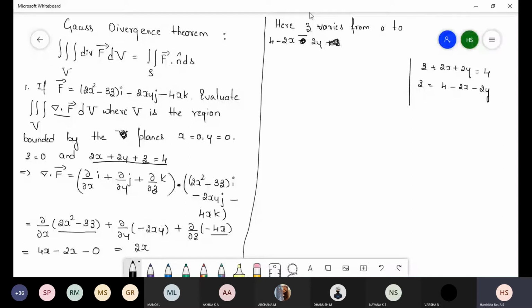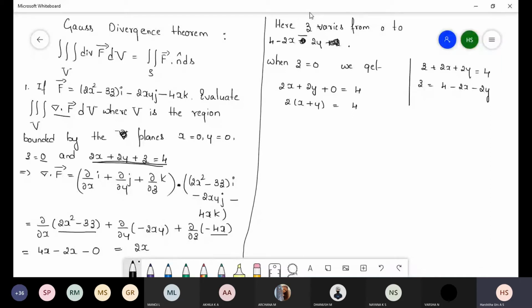So z varies from 0 to 4 minus 2x minus 2y. Now when z is equal to 0, we get 2x plus 2y plus 0 is equal to 4. Take out 2 as a common, x plus y is equal to 4. So 2 ones are 2, 2 twos are 4. So x plus y is equal to 2.